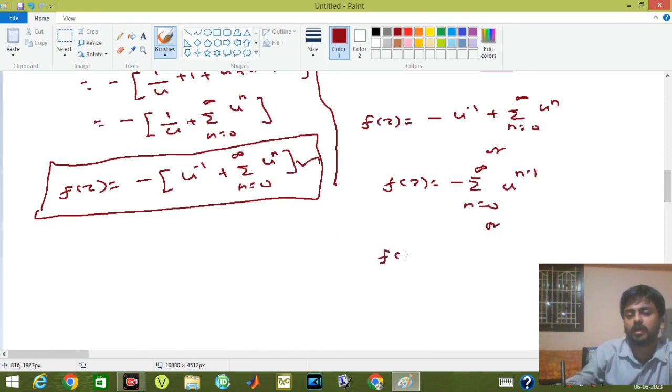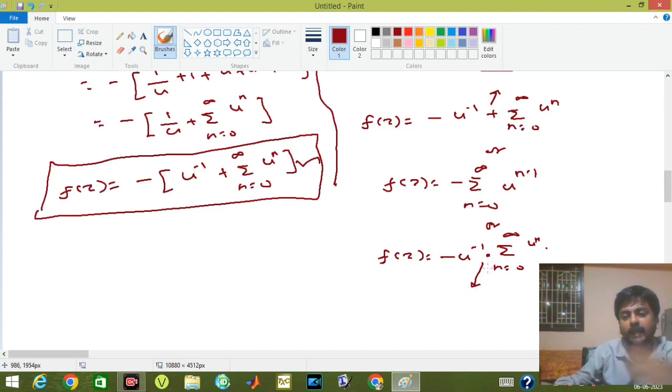Or f of z equal to minus u inverse into summation n equal to 0 to infinity u power n. See, in the result we are having plus in between, in this we are having into in between. Which is correct? Both of them are correct. I shall explain why they are correct with another example.